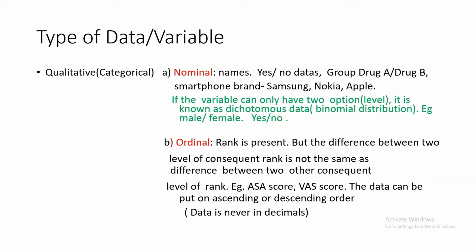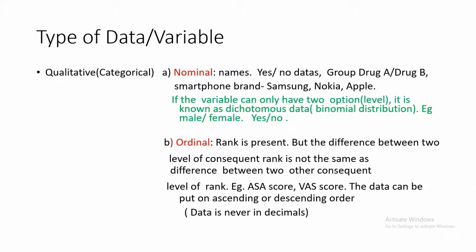Ordinal data are like nominal data, but in ordinal data, the rank is present, like pain score. In a pain score, we have a scale of 1 to 10. 1 means minimal pain, 10 means maximal pain.